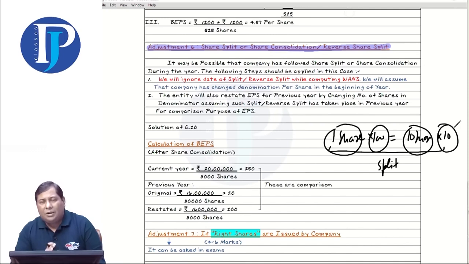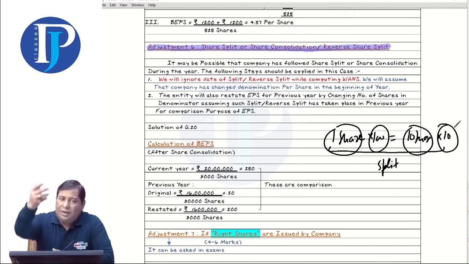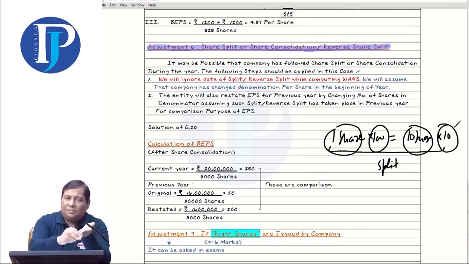If a company goes for a share split, then the number of shares in its denominator will increase with the split. The same problem as with bonus shares will arise. EPS falls with the increase in denominator, making it incomparable to last year's EPS. So, what do you have to do? First thing, don't check the date of share split. Consider this is happening at the beginning of the year. The split date will be given in the question.